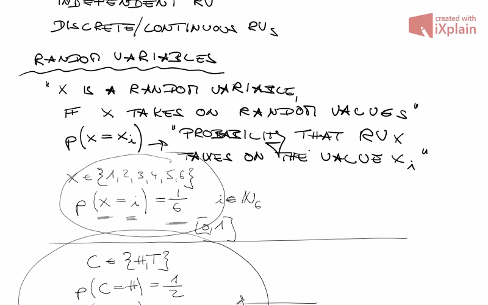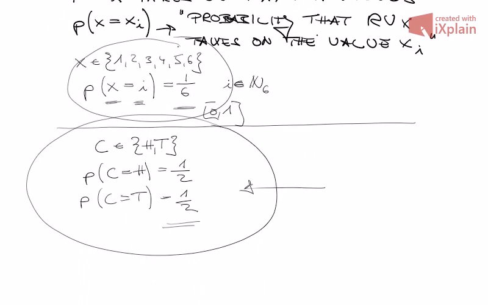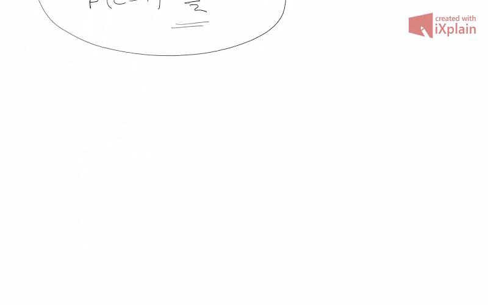It's a model of the die. Yeah, probability theory is a model. It's not real. It's a model. Good.